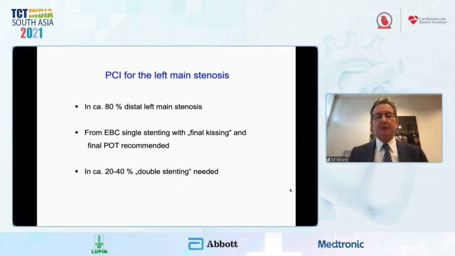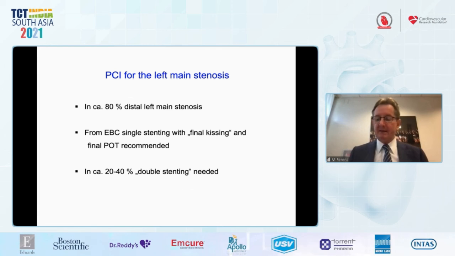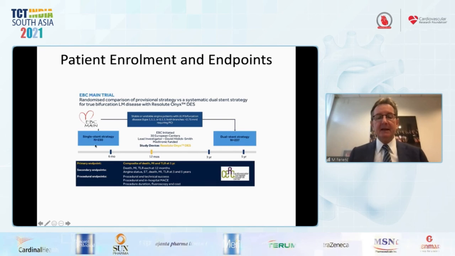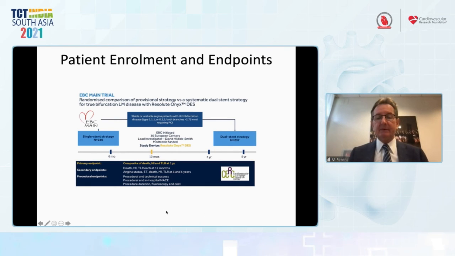And we in Europe usually go for distal left main with provisional, and we were finally ready to finalize our ABC main study, comparing provisional approach with double stenting. We used here exclusively a Resolute Onyx stent, and the primary endpoint was a composite of death, MI and TLR at 1 year.